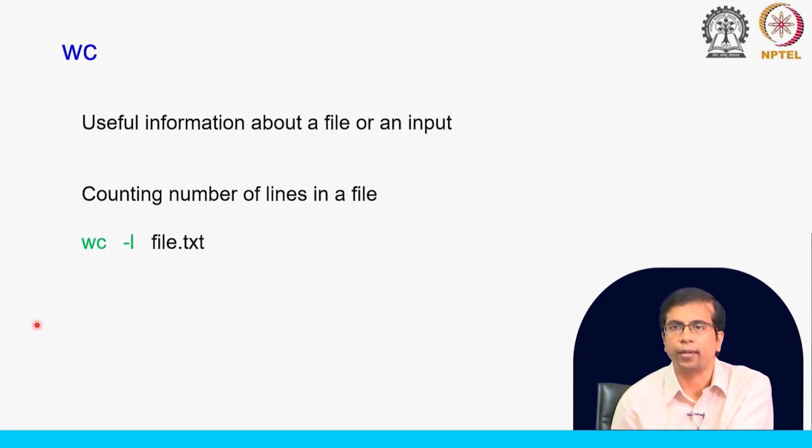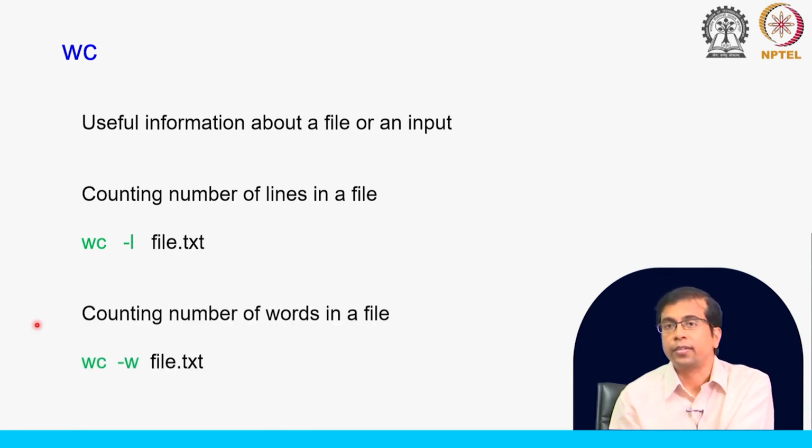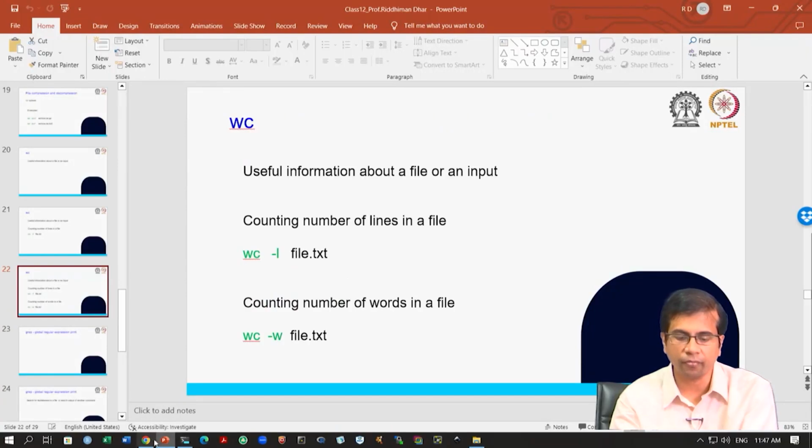It could be any file that you want to check. Or you can simply count the number of words in a file. Okay. So, here is wc minus w file.txt. Okay. So, let us try this in the command line and see what you get from these outputs.